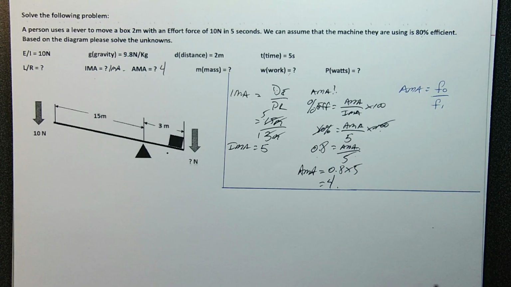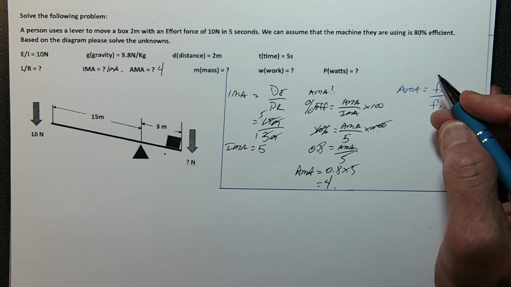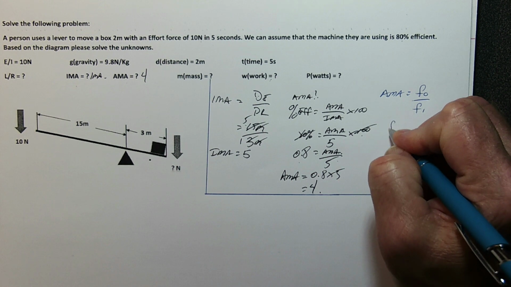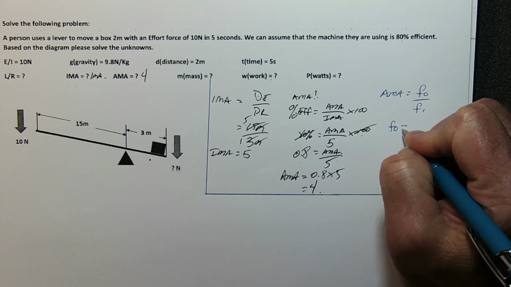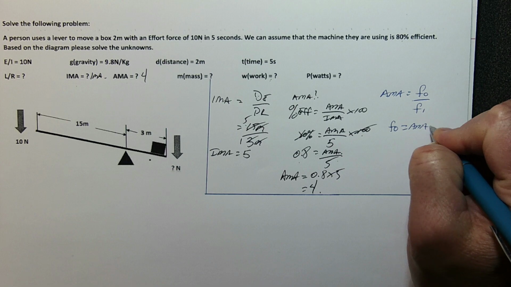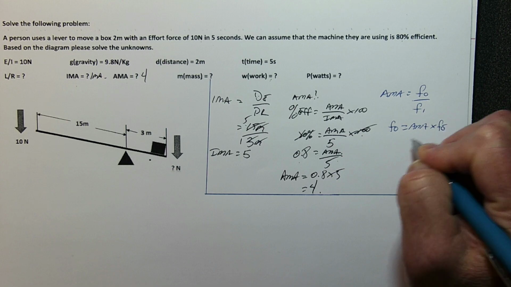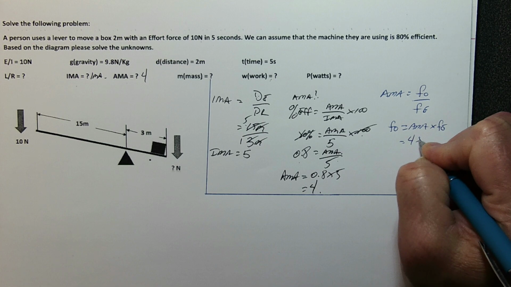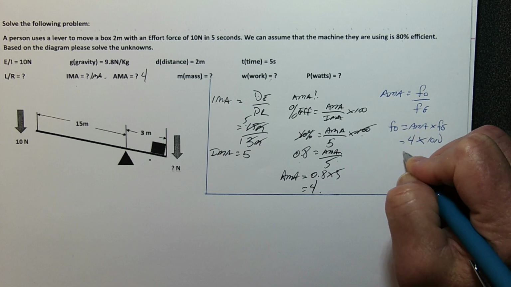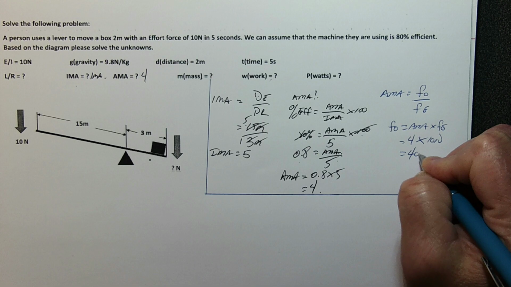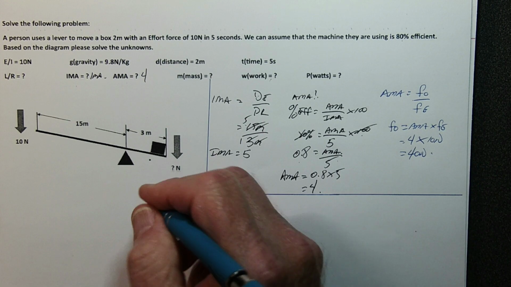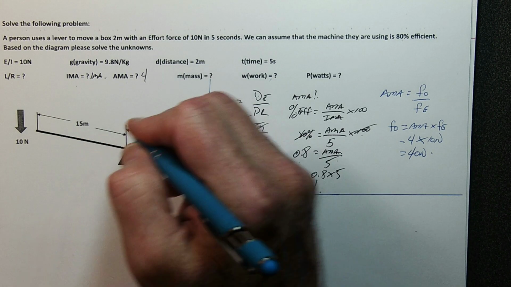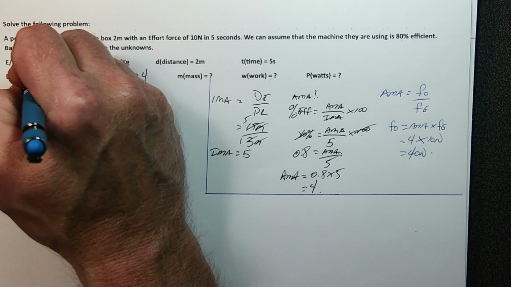So force out is going to equal AMA times force effort, or in. That's going to be 4 times 10 newtons, which is equal to 40 newtons. Okay? So our load on the machine is 40 newtons.